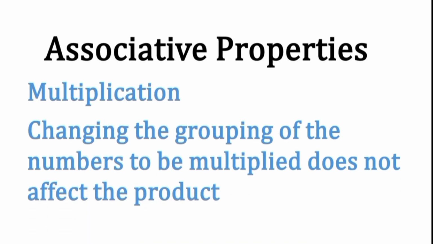For multiplication, associative properties: changing the grouping of numbers to be multiplied does not affect the product. So we have here the quantity a times b, times c. a and b are inside the parentheses, meaning you have to multiply these two first, and next multiply c.